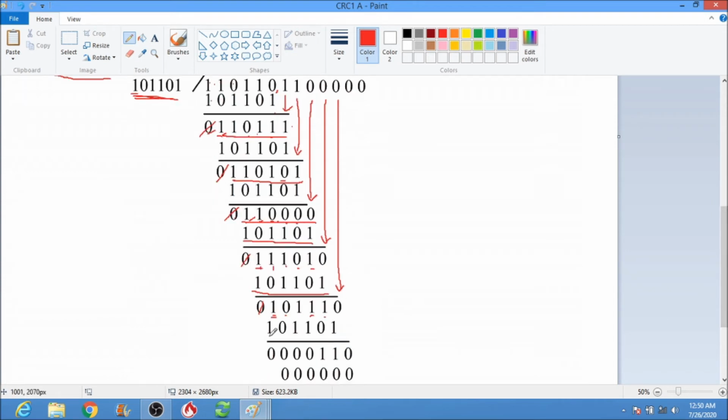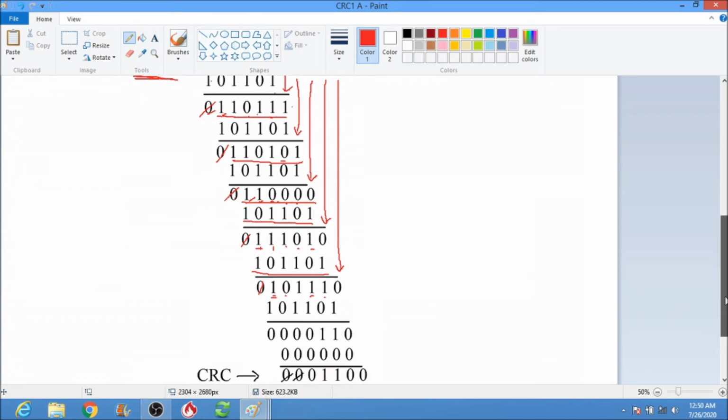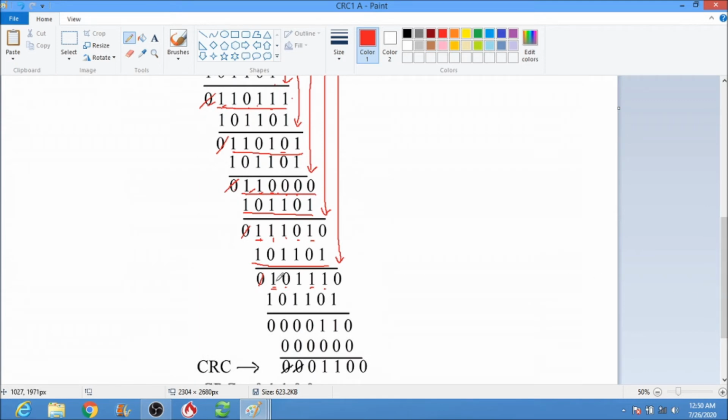So the answer will be 1, 0, 1, 1, 0, 1. And the next, we XOR again. So 1, 1, that is 0. 0, 0, that is 0. 1, 1 is 0. 1, 1 is 0. 1, 0, that is 1. And 0, 1, that is 1.